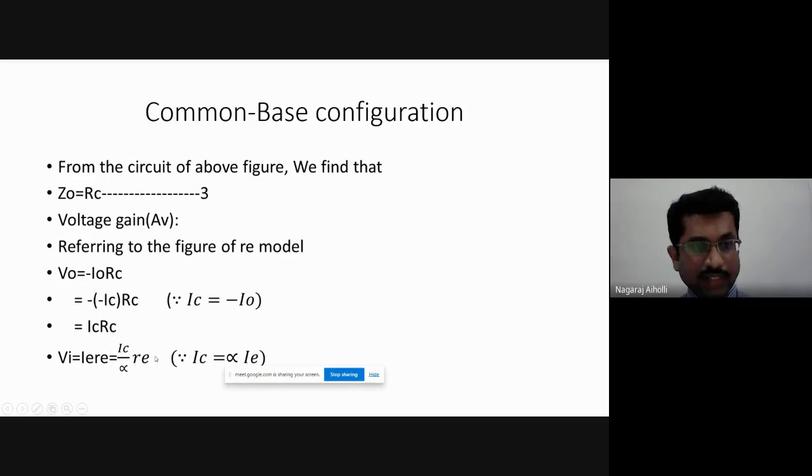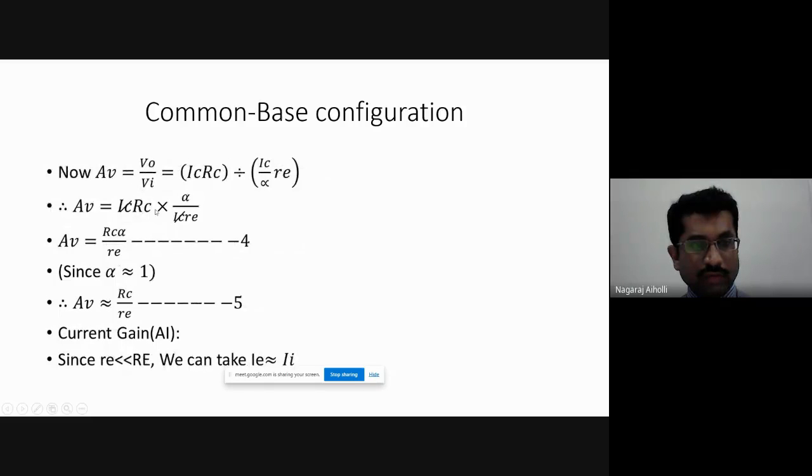We are finding the voltage gain. Here we have V naught in terms of IC. Therefore, VI also we should get in terms of IC. So if you want VI in terms of IC, you have to substitute for IE. IE will be IC by alpha. VI will be IC by alpha into RE. Now, once we know V naught and VI equations, substitute in the gain equation.